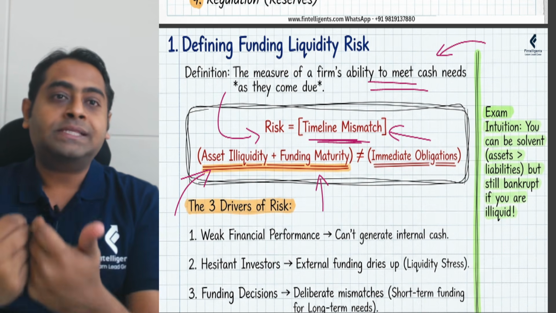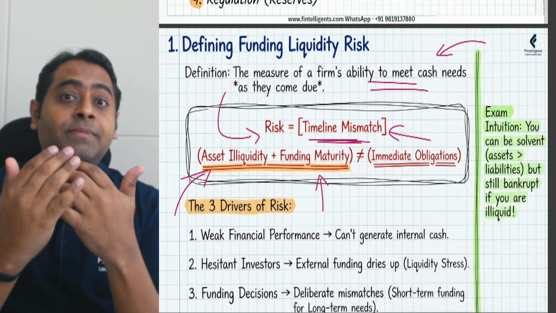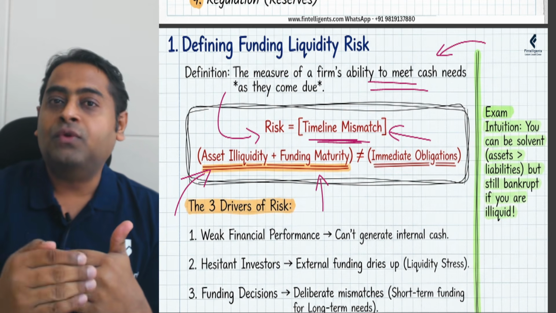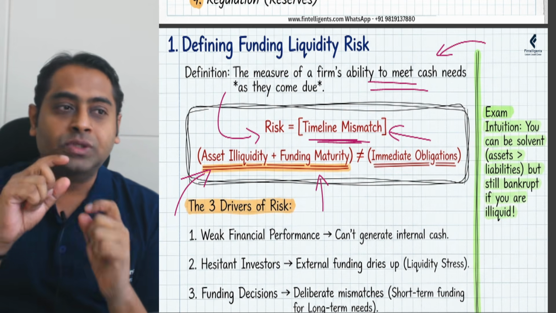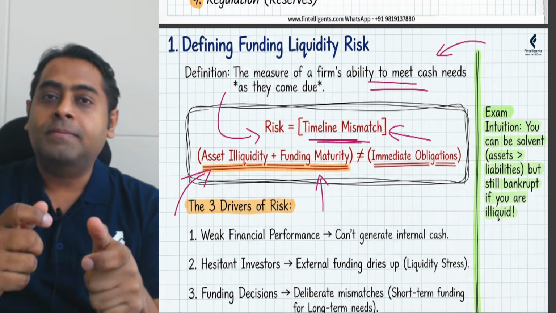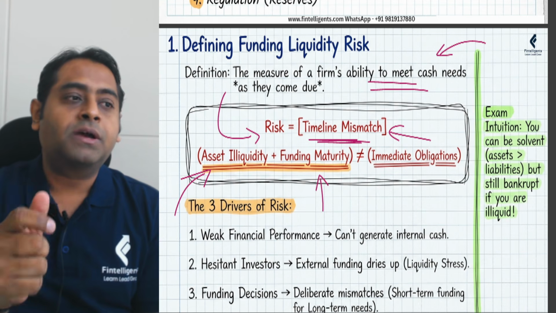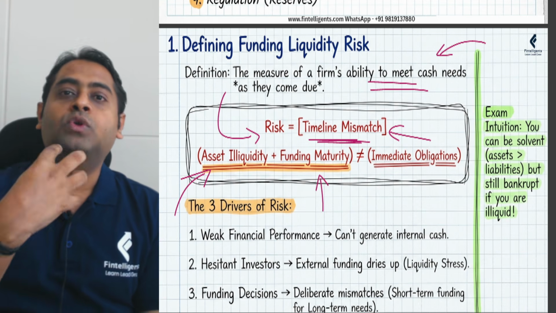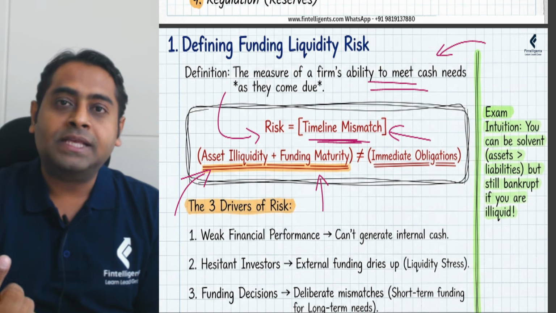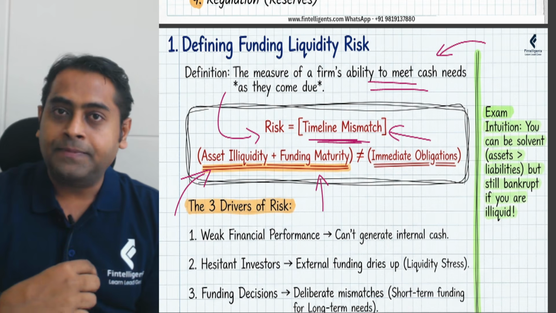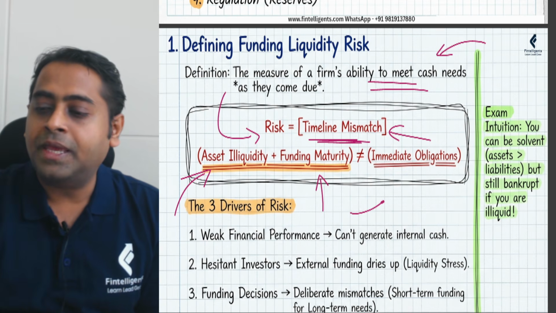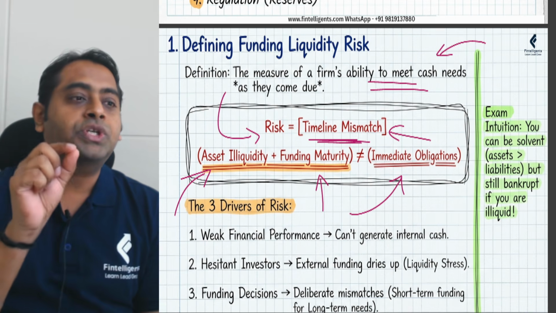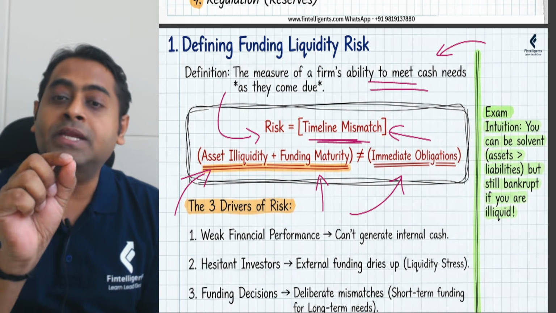I have the asset available which is going to give me some cash flow, but that cash flow is going to come after some time. This is slightly connected to timing mismatch, but when we talk about funding maturity, we are explicitly trying to understand that there is some funding which is going to come to me from, say, other banks, but it is not going to come immediately, and hence I'm not in a position to pay back the obligation which has to be paid on an immediate basis.